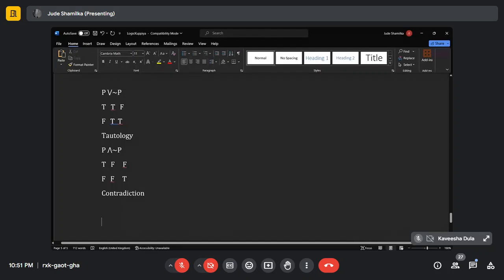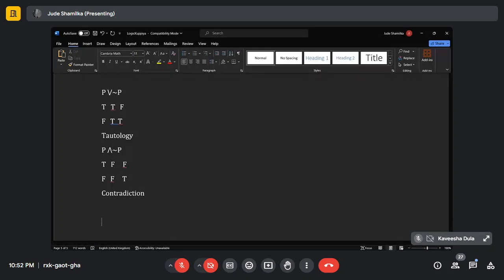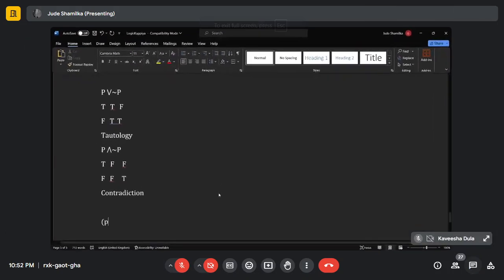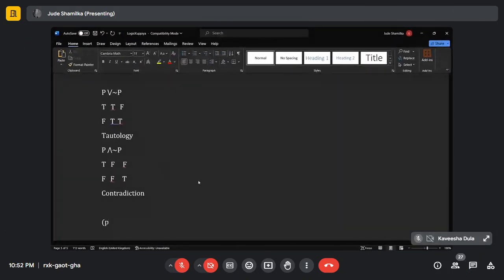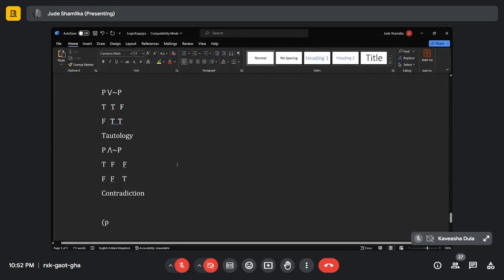If there are two statements like this, we have to go to quantifiers, those parts as well. So I think it's better not to waste time on that part.